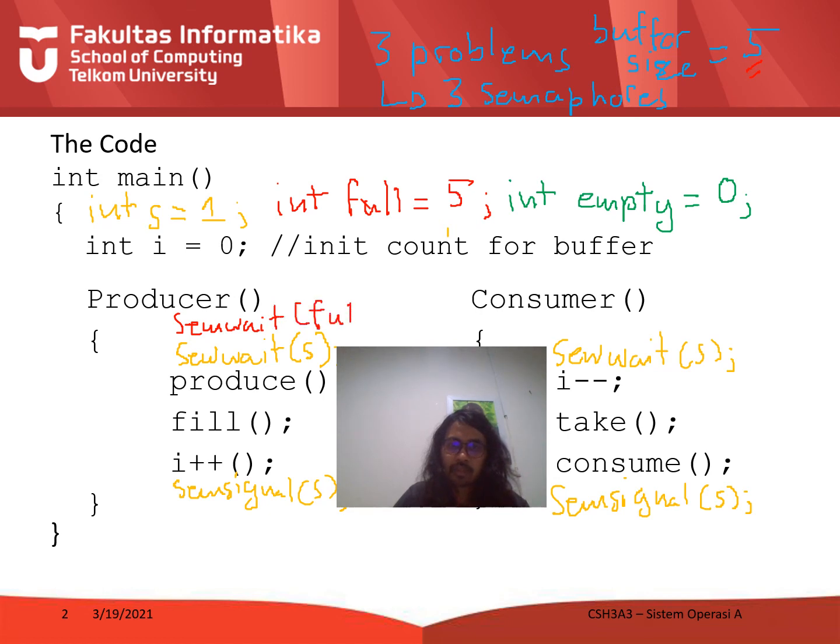Every time the producer accesses, it will decrement the full semaphore to indicate that one member is being filled. And here the same, sem signal full, is put in the consumer to show that when the consumer consumes, full is incremented one time.